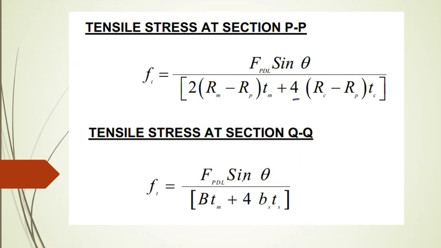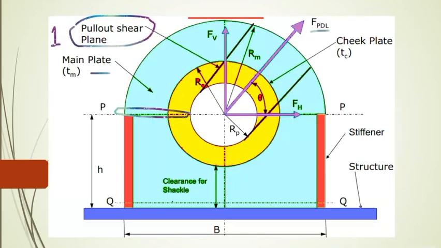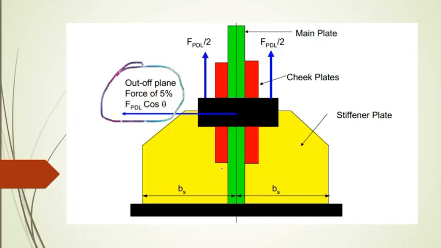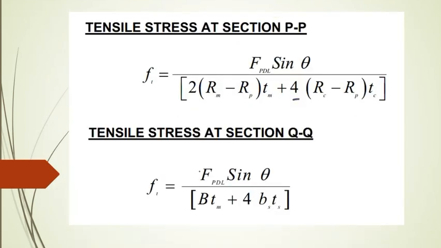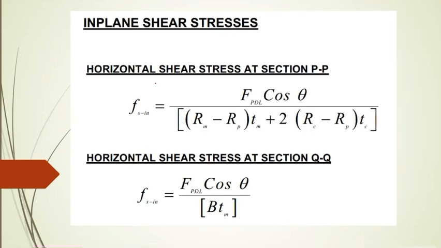Then cross section QQ. QQ is this cross section. If you see, there are two stiffeners plus main plate also there. So this is the complete cross section. That's FDL sine theta over 2B times thickness of main plate plus 4 times BS times TS. That's the stiffener. And in plane shear stress, the horizontal shear stress at section PP is the same as this value.